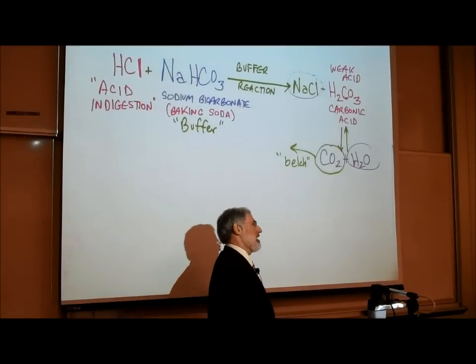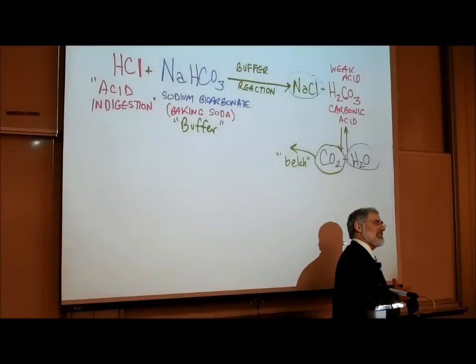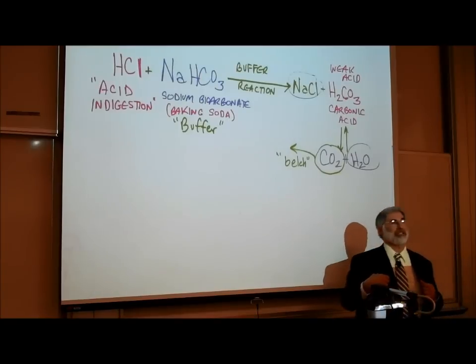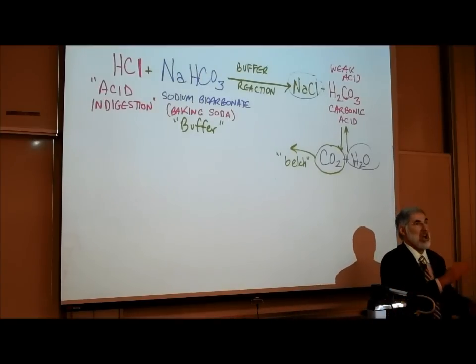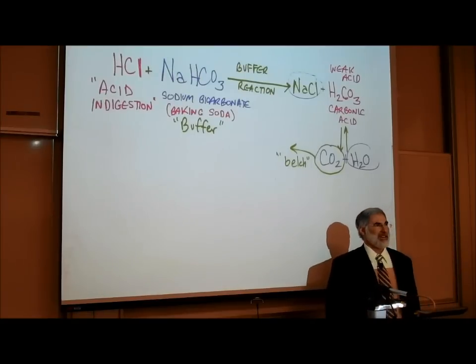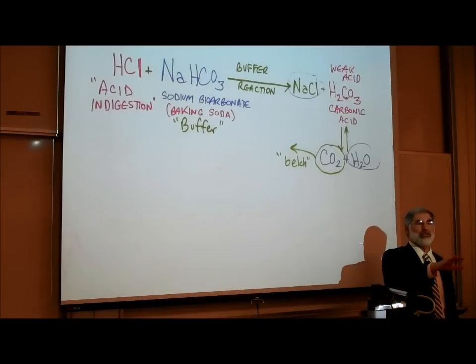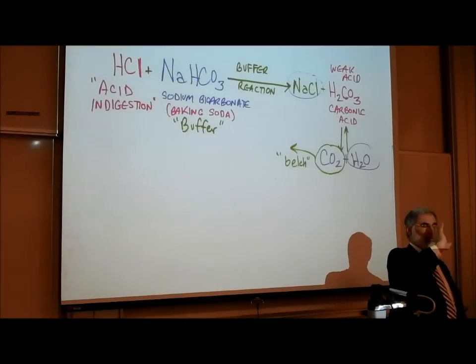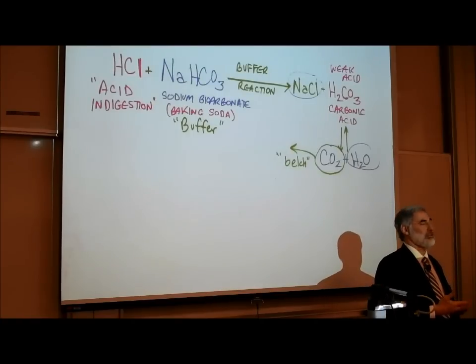All right, now, if you've got too much acid in your stomach, based on what we've just told you with that neutralization reaction, you might say, I know what I'll do. I'll drink Drano. Now, it is true that Drano is sodium hydroxide, and combining sodium hydroxide with the hydrochloric acid in your stomach should neutralize it if you do it just right.